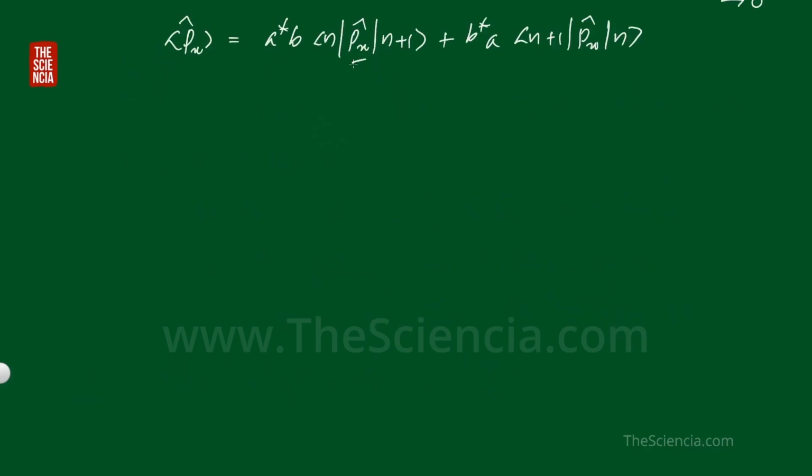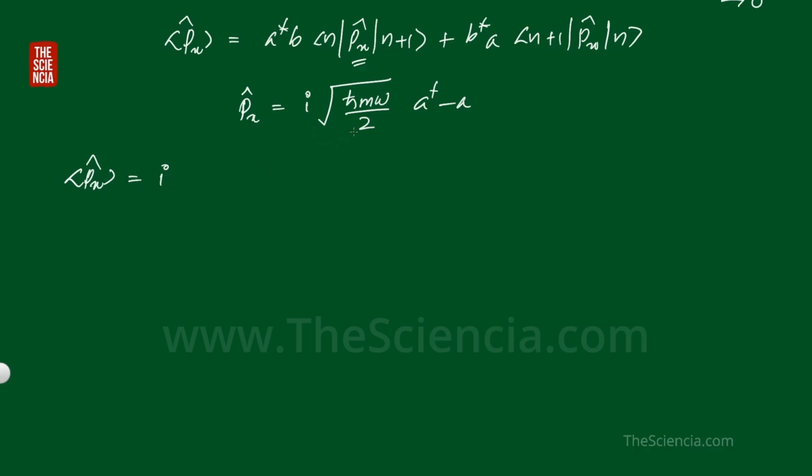Now we have to substitute for Px cap. What is Px cap? That is equal to i root of h cross m omega by 2 into (A dagger minus A).